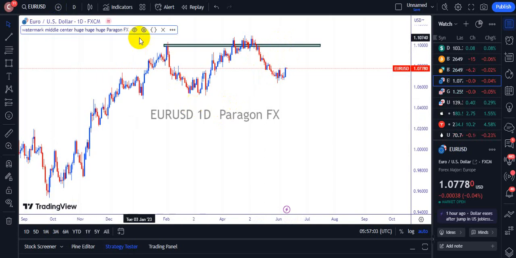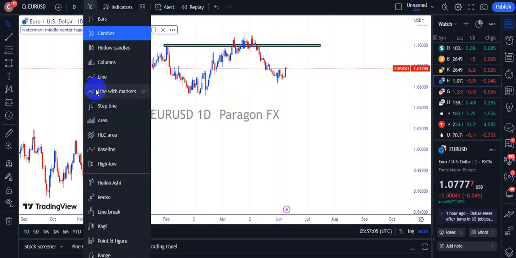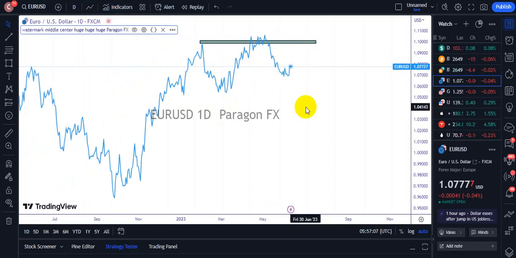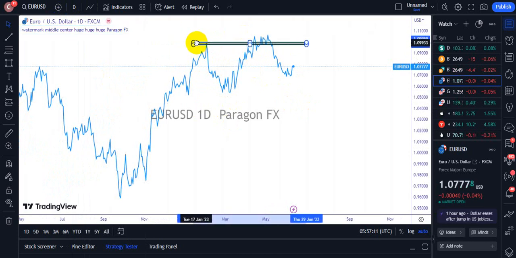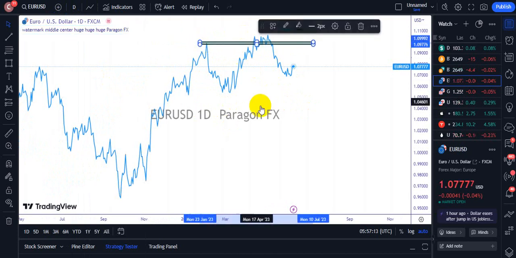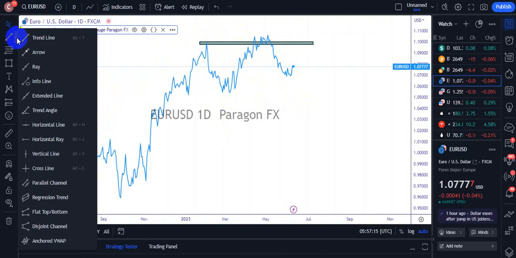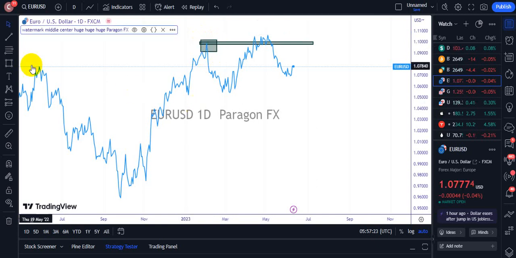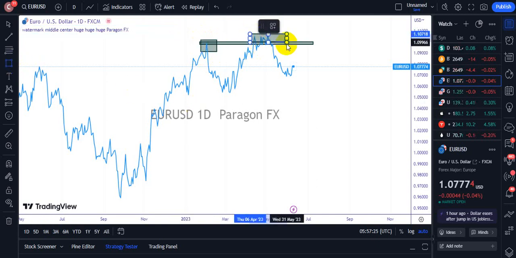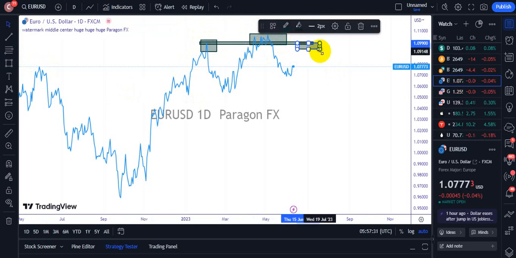Okay, line chart will clear us. Yes, this area. Yes, 1, 2, and 3.